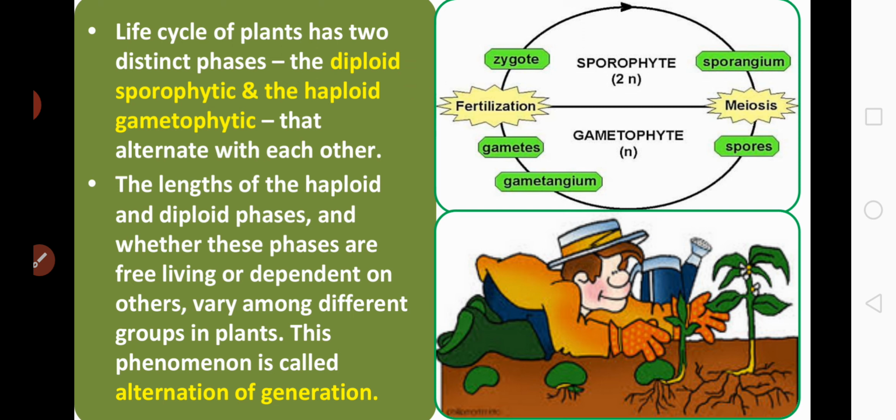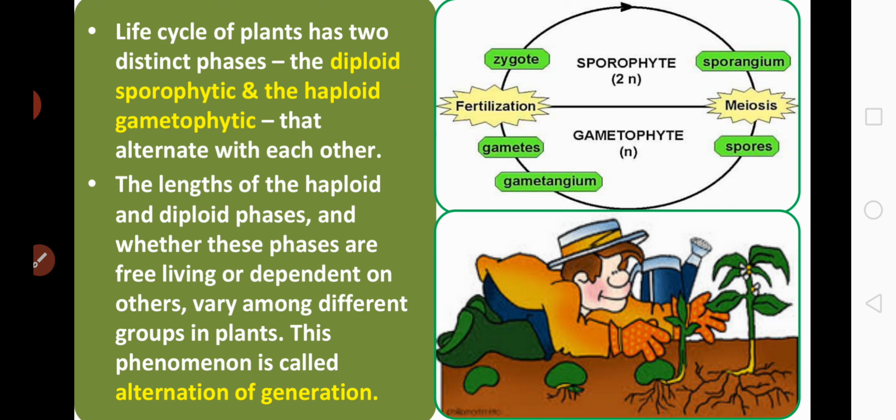So what is the difference between sporophytic and gametophytic phase? During the life cycle, the plant produces spores, and this spore producing phase is called the sporophytic phase. Whereas the gametophytic phase means it produces the gametes, and gametes are always haploid in nature.